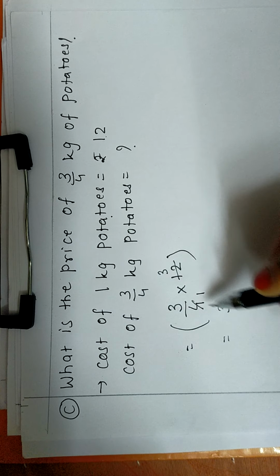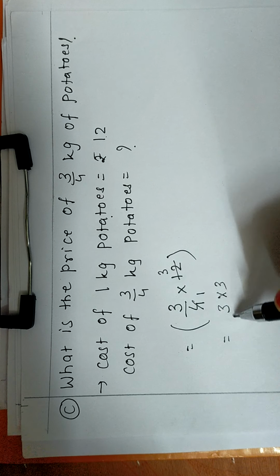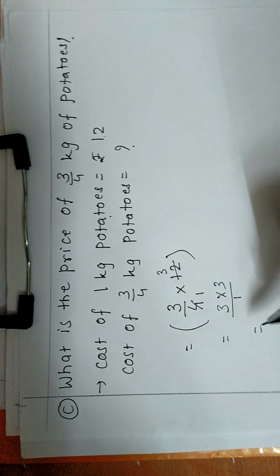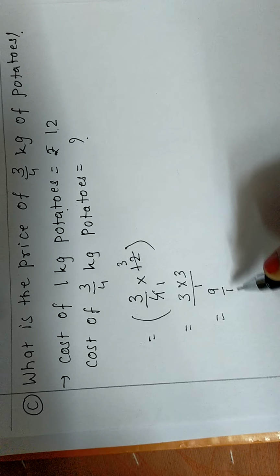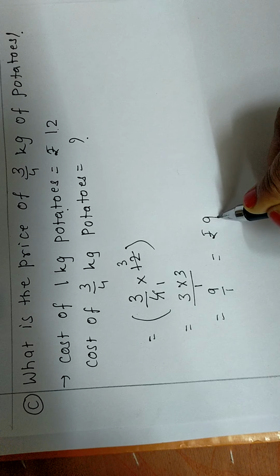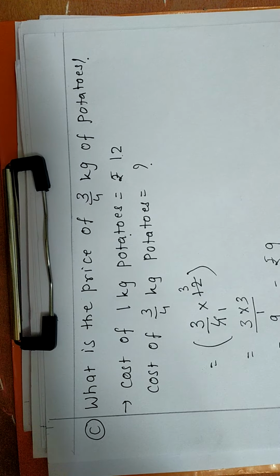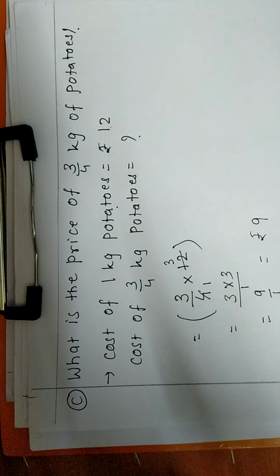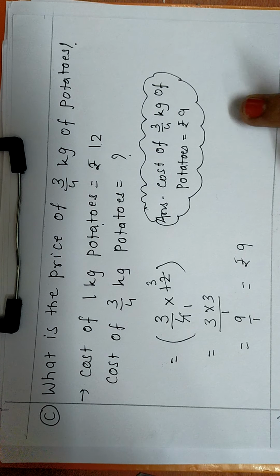So what we have is 3 multiplied by 3 divided by 1. 3 threes are 9 divided by 1 is equal to rupees 9. So the cost of 3/4 kg of potatoes is rupees 9.